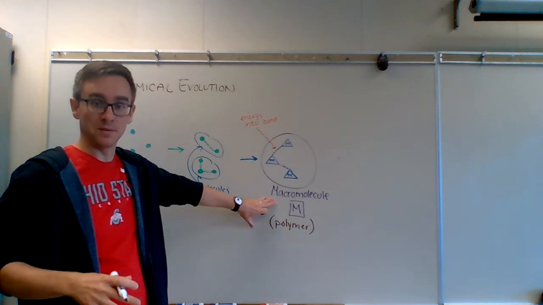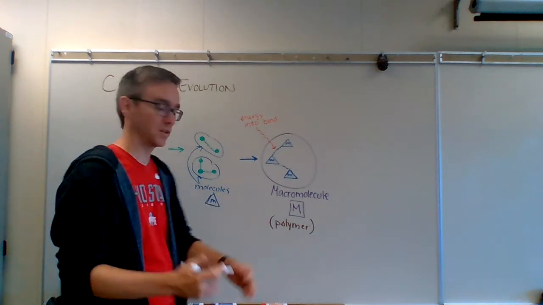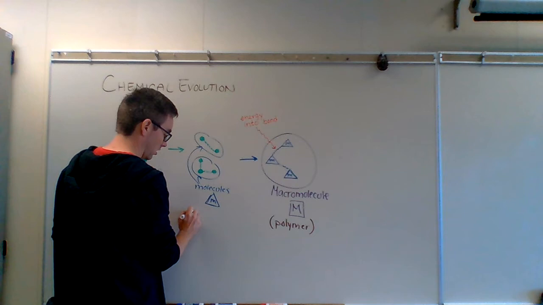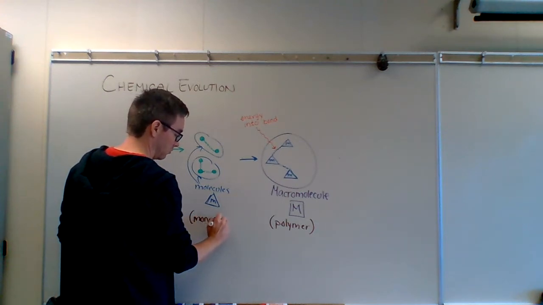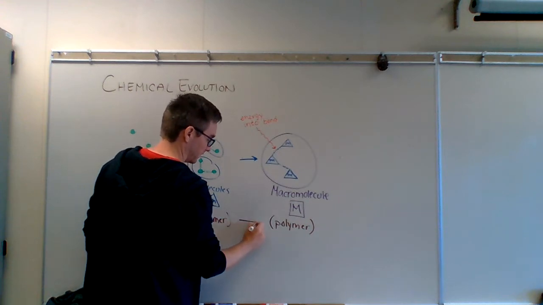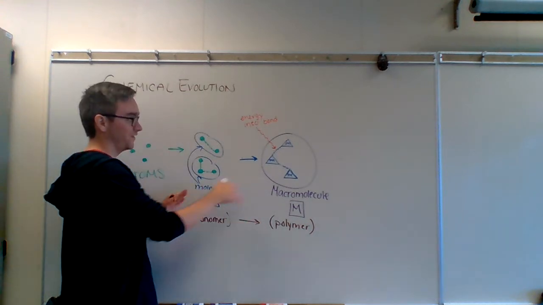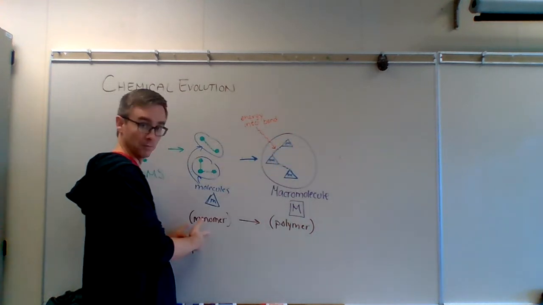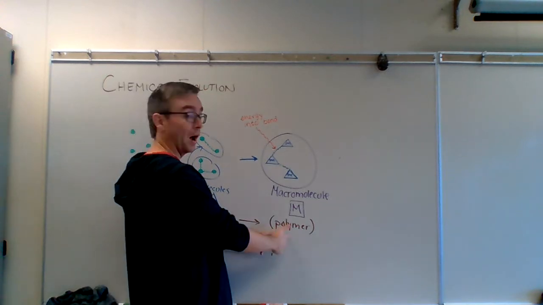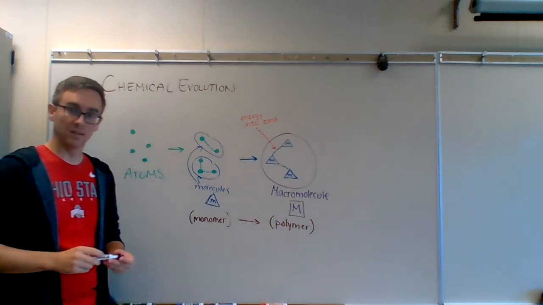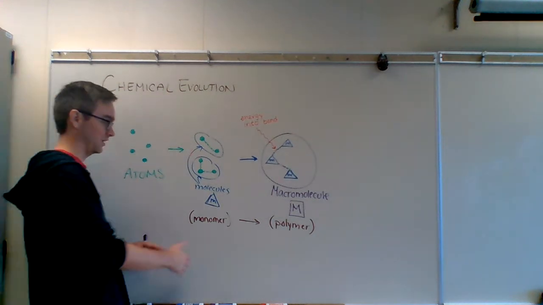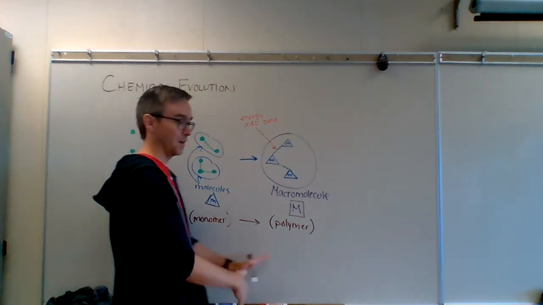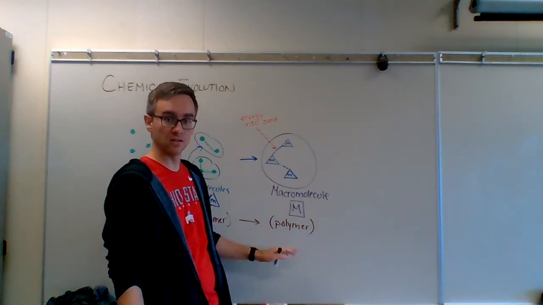Those parts are molecules, and each would be called a monomer, mono meaning one. I put a bunch of individual monomers together to create a polymer. We start seeing this when we talk about the chemistry of biology, where different monomers make up the macromolecules we're going to be talking about.